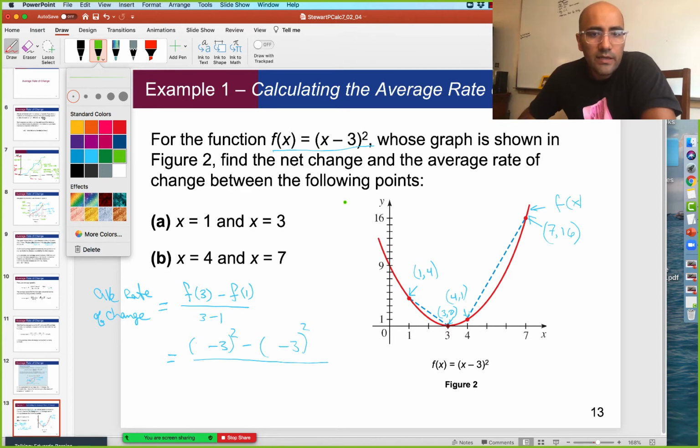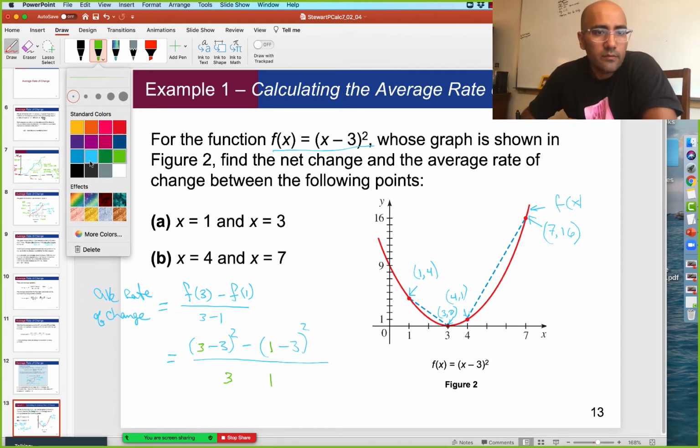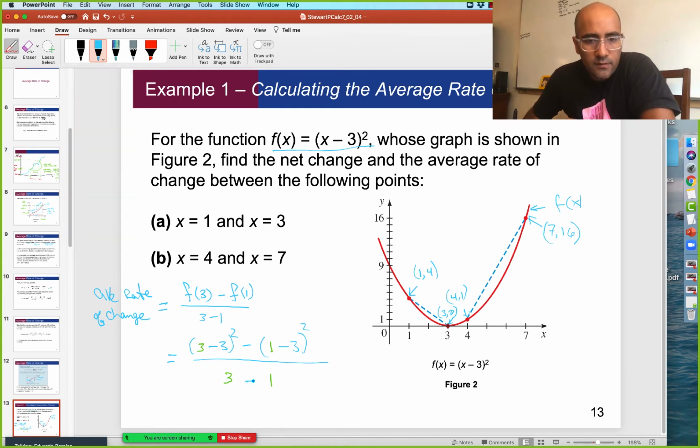So f of 3 is this equation evaluated at 3, and this equation is this one evaluated at 1, and the whole thing is over 3 and a 1. Back to blue, put the subtraction here. Okay, so we just plug that in.